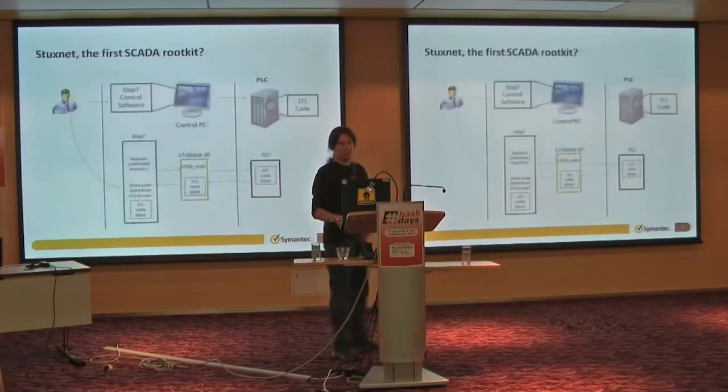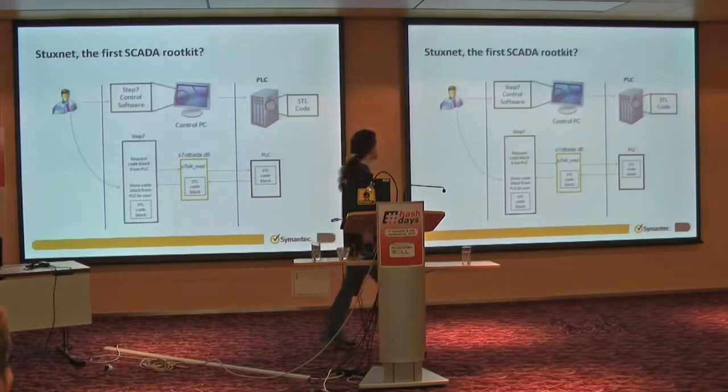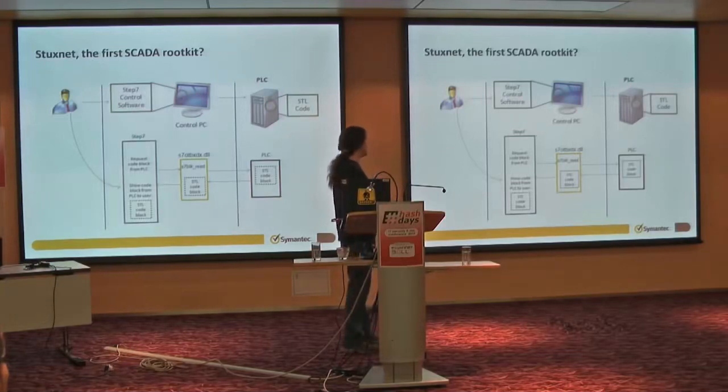The second case we're going to see is Stuxnet. You have probably heard about Stuxnet. It targeted industrial environments, and basically there's the Step 7 software, which is only one of the Stuxnet components, and it was called the SCADA rootkit. This is a quick overview of how an industrial environment with a programmable logic controller would work.